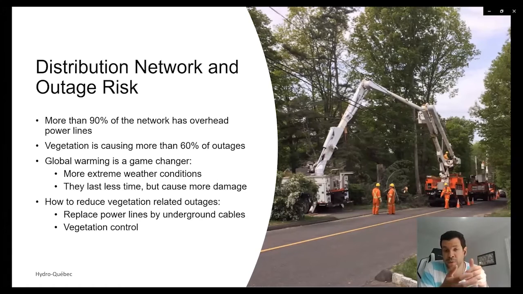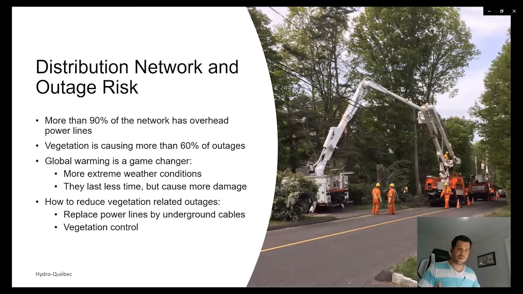And today we know two ways to do that. The first way is to replace some of our overhead power lines by underground cables, which is really expensive, or to do what we call vegetation control. For vegetation control, we have foresters.